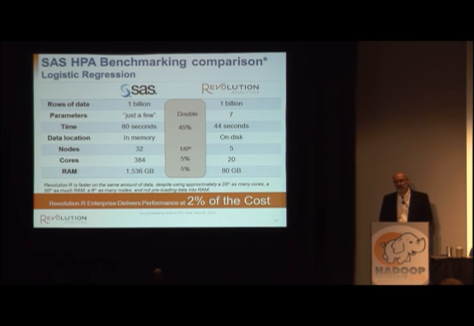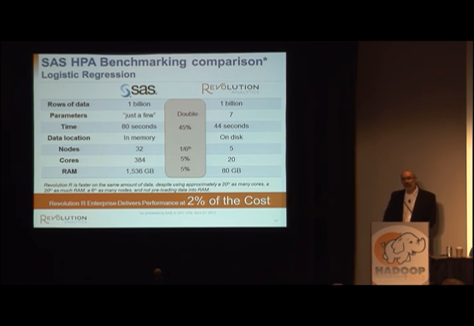Using the Revolution logistic regression, we tried to run a similar data set where it had 1 billion rows, and we weren't sure what just a few parameters would be, so we said, well, let's say 7 parameters. That's certainly more than just a few. We ran it on a very modest cluster of 5 nodes with 4 cores each, so 20 cores and 80 gigabytes. Each node of that cluster costs about $1,000. So a very, very modest cluster.